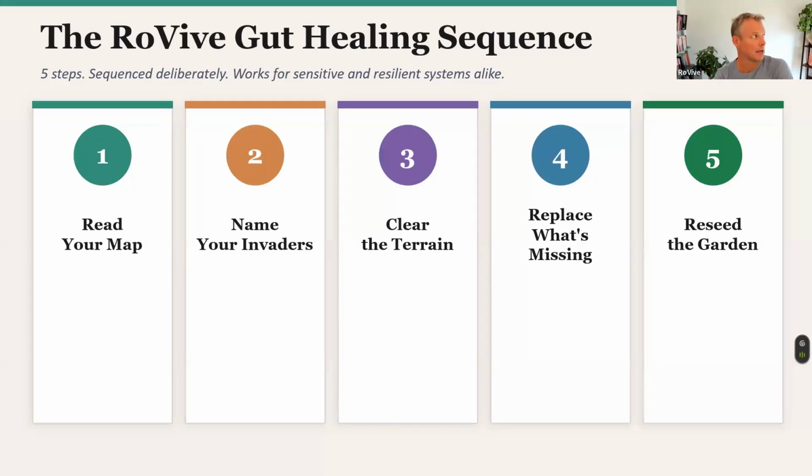The pace and the dosing is where the real medicine would come into play. And again, it's shifting out of that "got to kill it" into "we are just tending our terrain." Step four, replace what's missing, replace what the overgrowth has depleted, which can include bile acids, enzymes, nutrients. And then step five is reseed the garden or reseed the terrain when it's ready, not before.